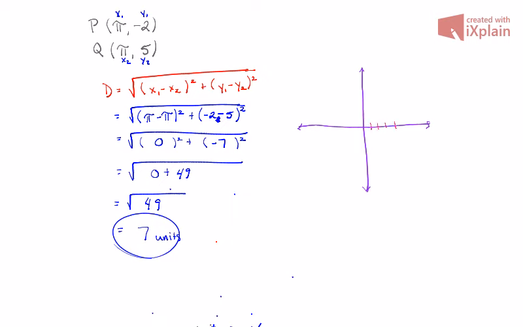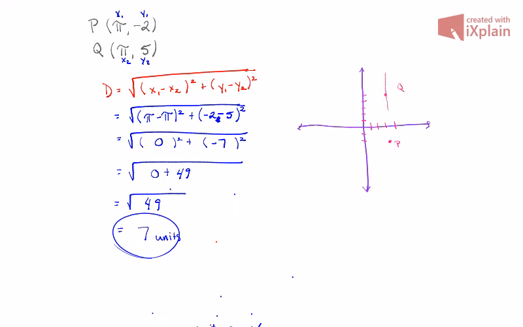So 3.14 is the approximation that we use for pi, so it's somewhere between the 3 and the 4 tick mark on the x-axis. And then -2. So let's say it's about here. So here's point P. And then point Q is about here.